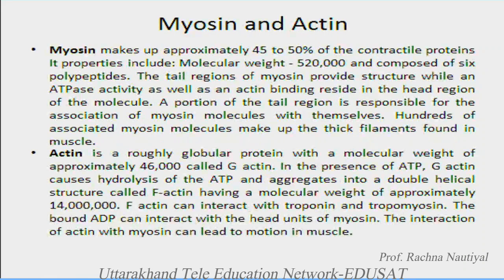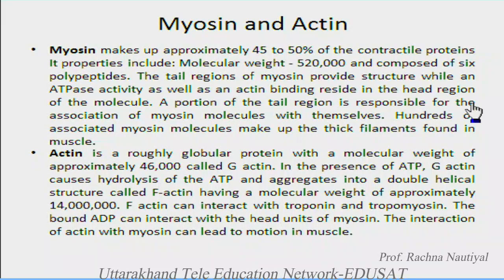Then the most important proteins for the muscle are myosin and actin. Myosin makes up approximately 45 to 50% of the contractile proteins. As I have said, they are the most contributing proteins of the muscles, meaning they contribute the highest percentage.